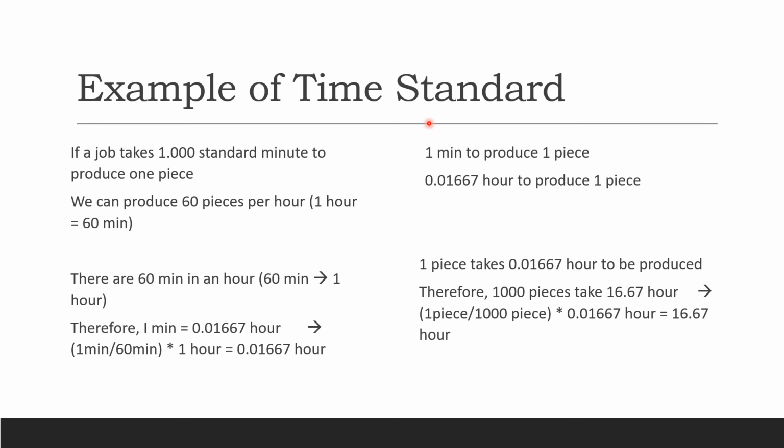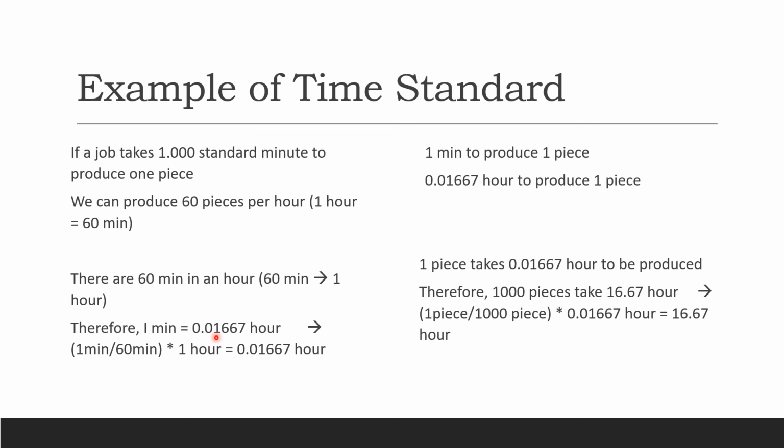Let's take a look at an example, mathematically. We have a job, and our standard for that job is that you have to produce one piece in a minute. So the operator is expected to produce 60 pieces in an hour at a rate of one piece per minute. There are 60 minutes in an hour.